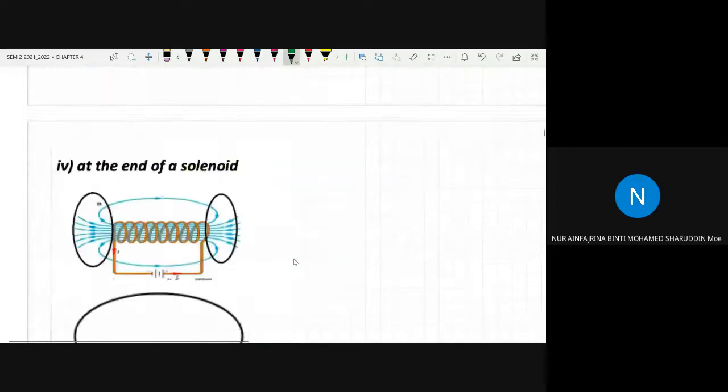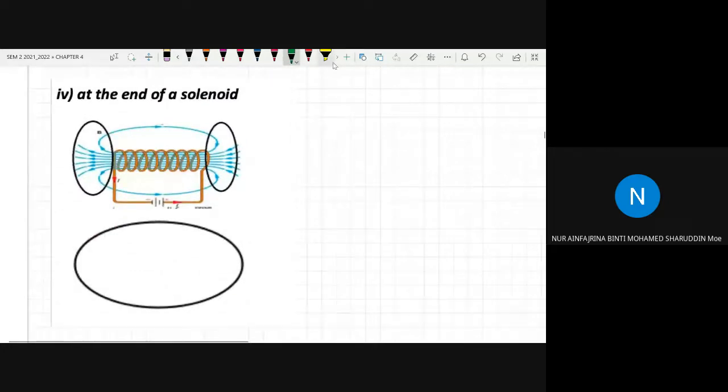Boleh, Miss. Okay, now adalah untuk solenoid juga. Tapi dia adalah at the end of solenoid. Nampak tak hujung solenoid ini? Dia nak tahu magnetic field hujung solenoid ni berapa. So kita akan pakai formula sama juga. So untuk ni Miss buat B lah, equals to mu naught N I over 2L.